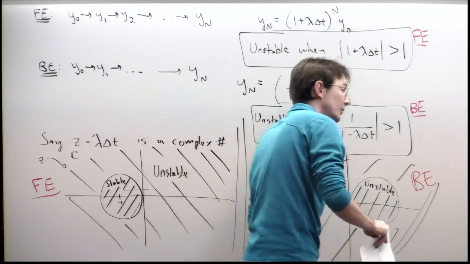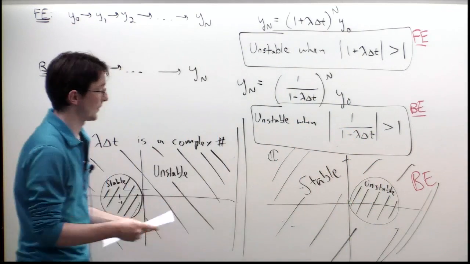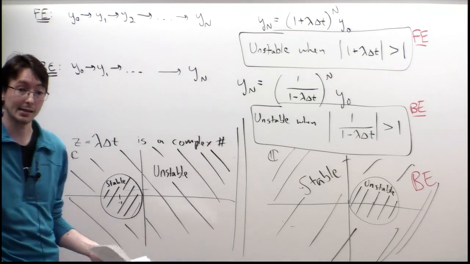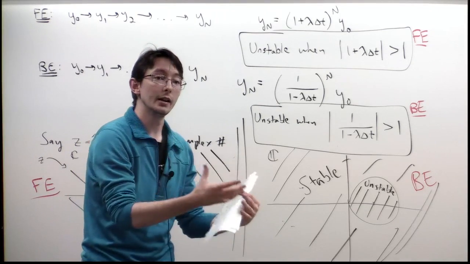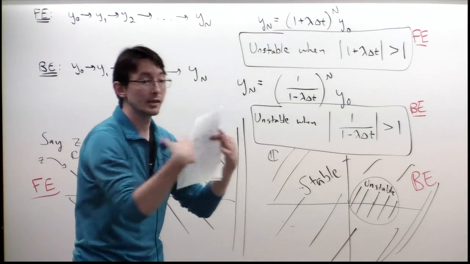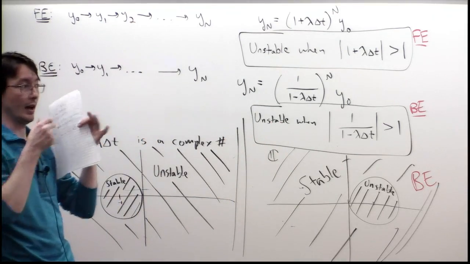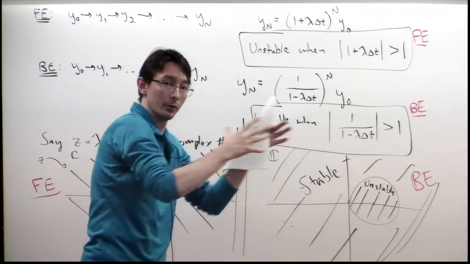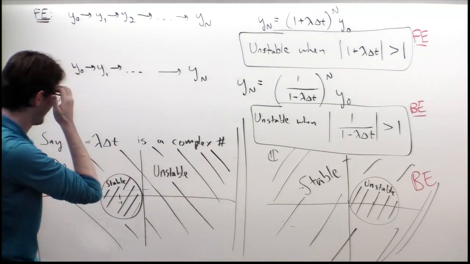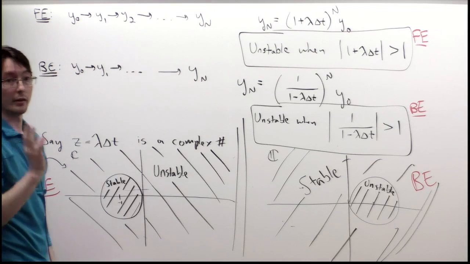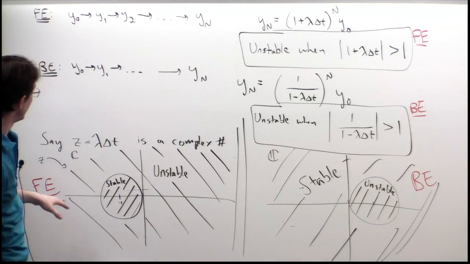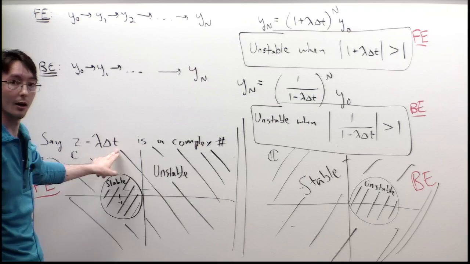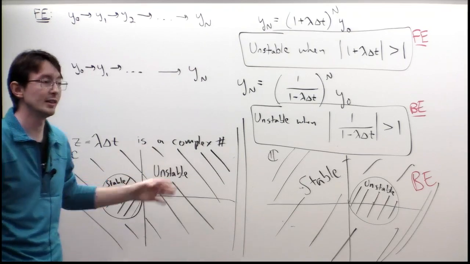This is what we found when we simulated our spring mass damper system last time, even in a parameter regime where we knew that the system was stable. I pull the mass back, I let it go, and it oscillates back and forth and eventually comes to rest. Even when we knew that our system was stable, we found that for lots of delta t's, our forward Euler scheme was actually unstable.